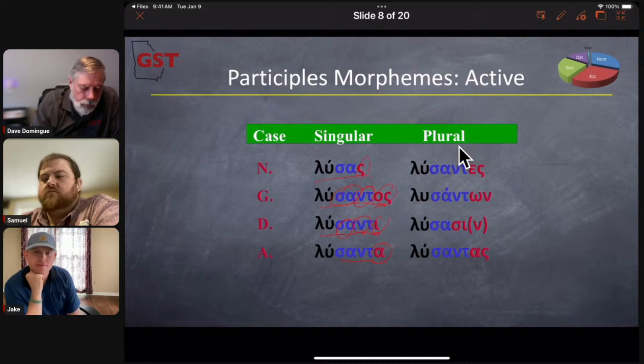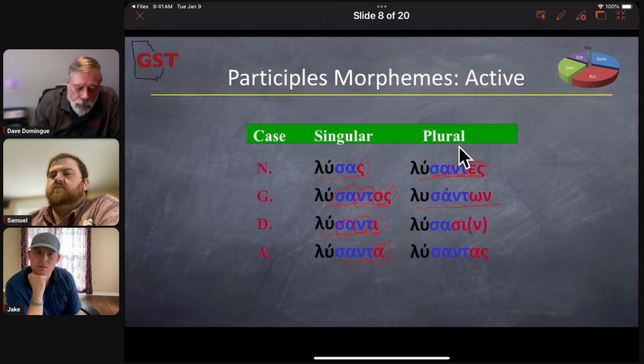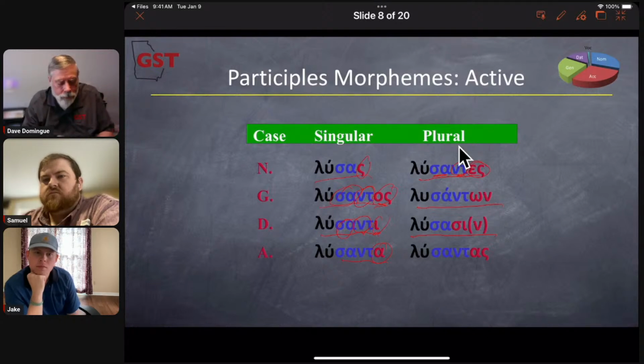These are all we did before. Lusantes, there's the plural form of the case ending, our tense formative and participle morpheme. Lusantone, that omega nu, man, you can't forget that. It's impossible to forget. Lusasi or Lusasine, and Lusantas. Kind of makes sense?